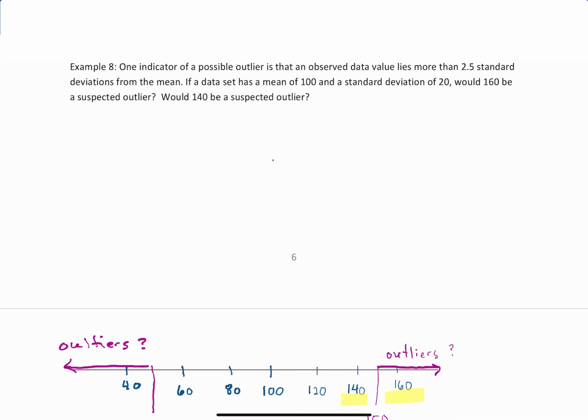So we would say 160 would be a suspected outlier using this criteria. But not 140.